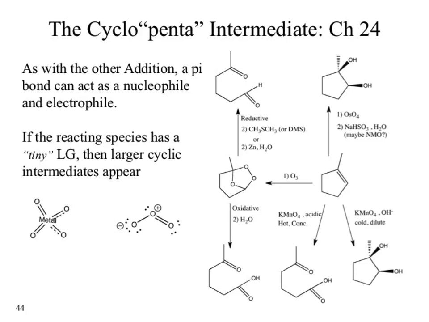But if we look at all of these cases, notice that we have 5 possible products coming out of this. 1, 2, 3, 4, 5 across the top. Only 2 of those do I care about syn addition. Which 2? The ones on the right. Top right, bottom right. Why do I not care about the others?